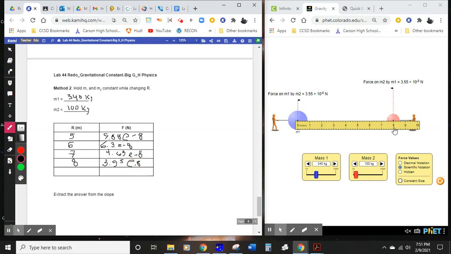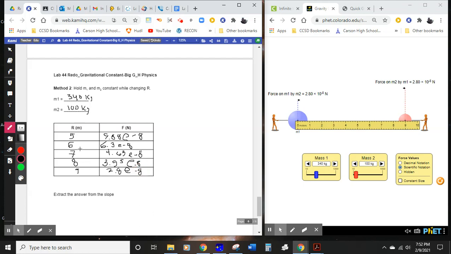Let's try 10, but we can't quite go to 10, so let's go to 9 meters apart. This is 2.8 e to the minus 8.